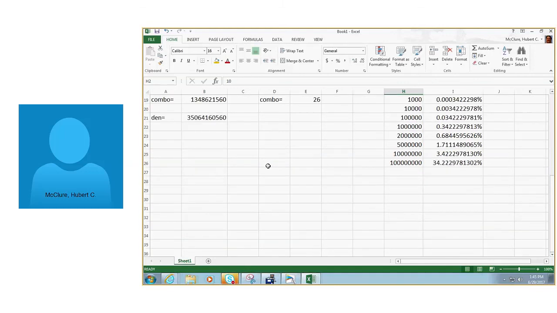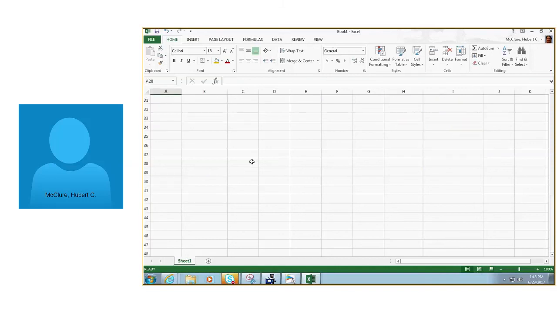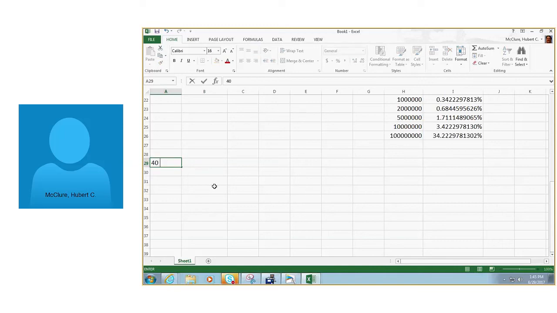The other type question you're going to get is a committee question. There's 40 people in a club. Okay? And they want to have officers on a board with 4 members, 4 officers.